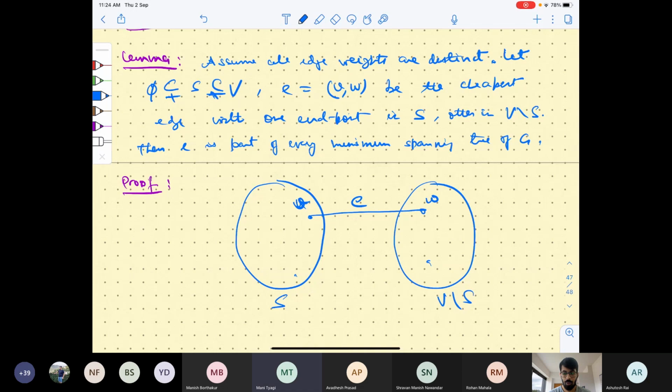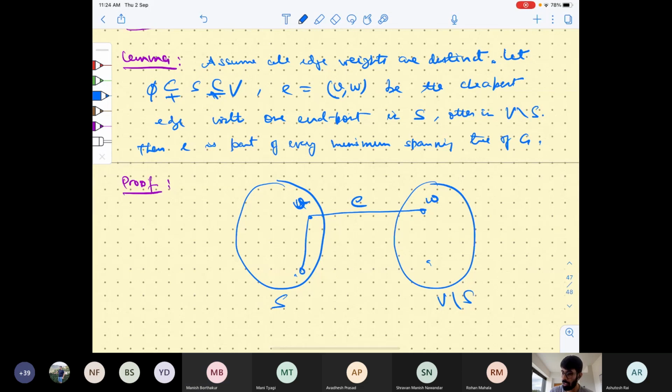Yes, sir. Okay, good. So now, any ideas about the proof? Sir, we can say that there will be only one edge between S and V minus S in the tree. Yes, but in the MST, there will be only one edge between these two subgraphs. Why is that true? Sir, it might not be true. Let me just show you a counterexample, and then you can speak if I'm wrong.